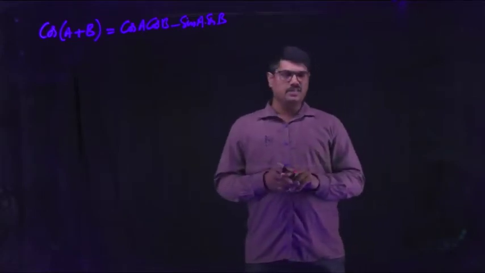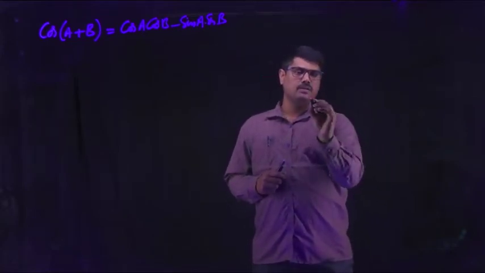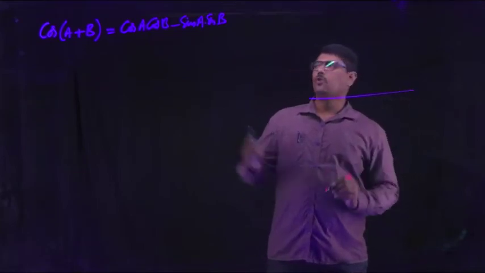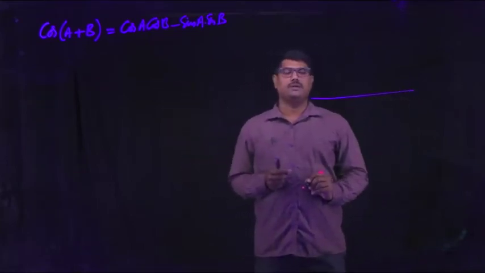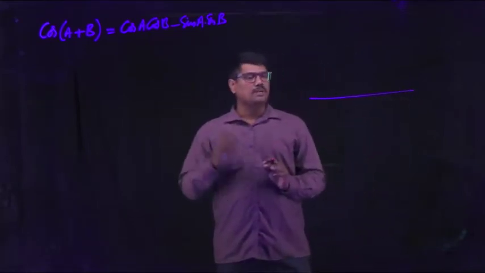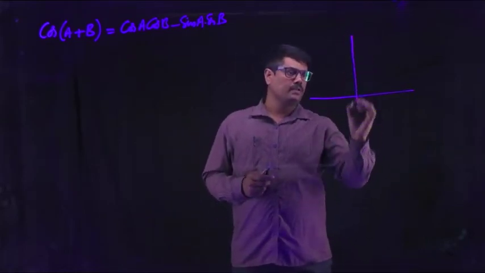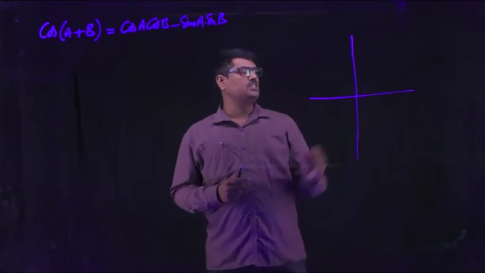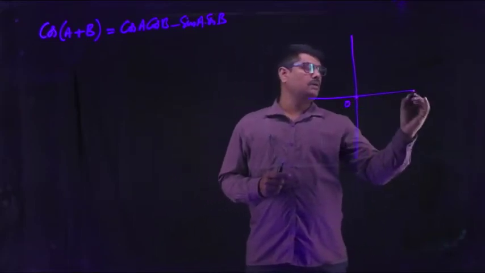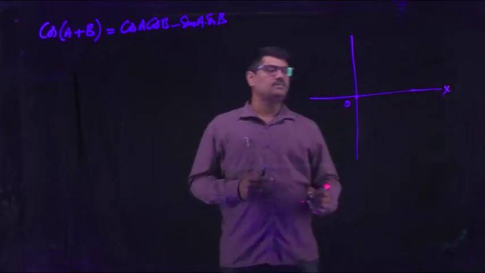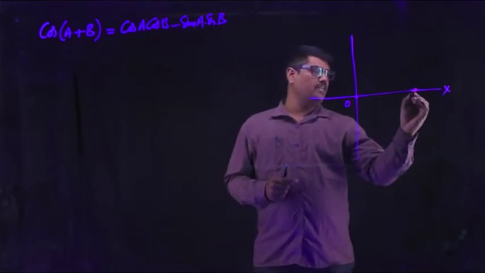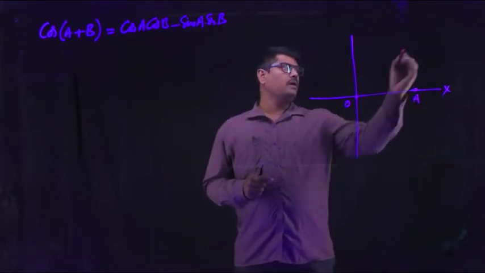Let us consider the coordinate system here. Before going to the proof of the formula, we need one concept related to the formula. Let me explain it first. This is the origin and this is considered as the x-axis. Now consider a point A here and a point B here.